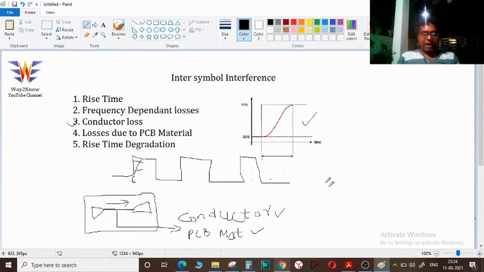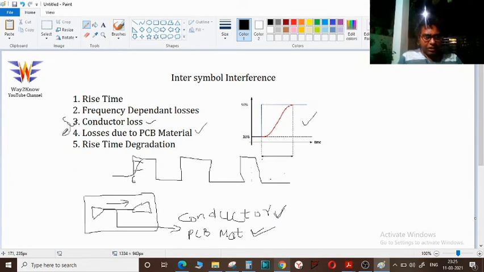They are mainly due to the conductor loss, which we talked about, and losses due to the PCB material. So choosing a PCB material for a high speed design is very important. For most low speed designs we use FR4, but PCB material for high speed designs is one of the important, critical things. We'll talk about the materials to be used in later videos, but basic FR4 definitely cannot be used because of the losses that come into the picture at high frequencies.